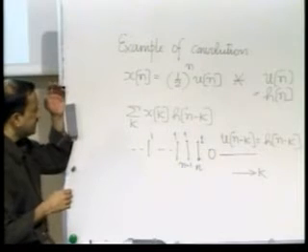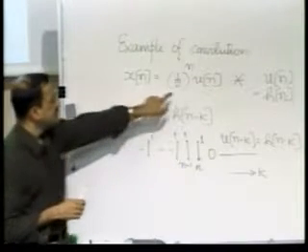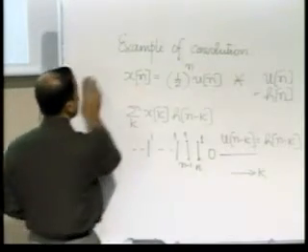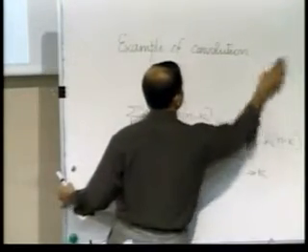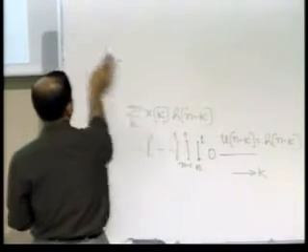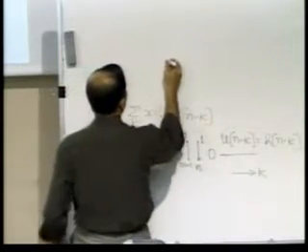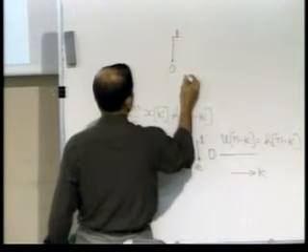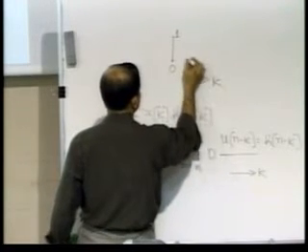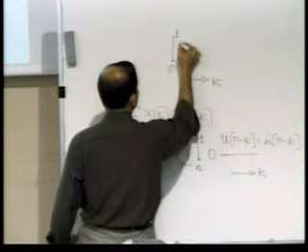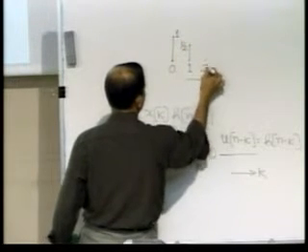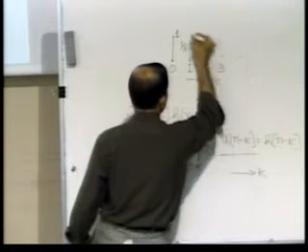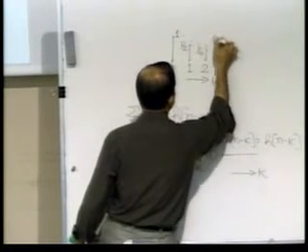Now let's get a feel of the convolution by sketching the sequence x of k as well. This is h of n minus k. Let's sketch the sequence x of k as well. So x of k looks like this: 1 at 0, half at 1, 1/4 at 2, and so on, exponentially decaying.